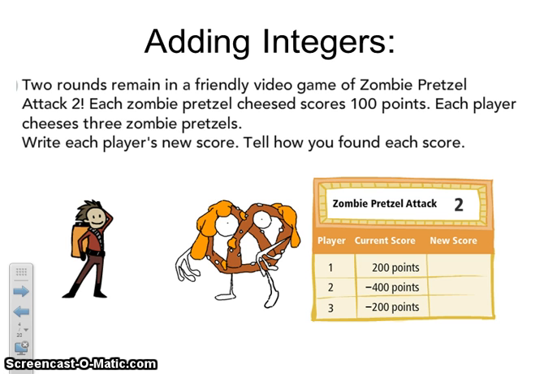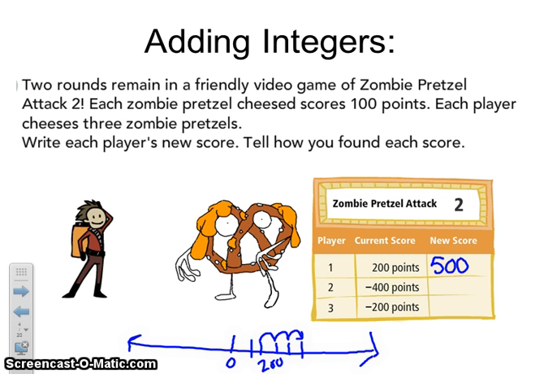So if we take 200 points and add 300 points, if we were on a number line, we would be continuing to move in the positive direction. So if I add 300 points, I end up with 500. So my new score for player number 1 is 500.